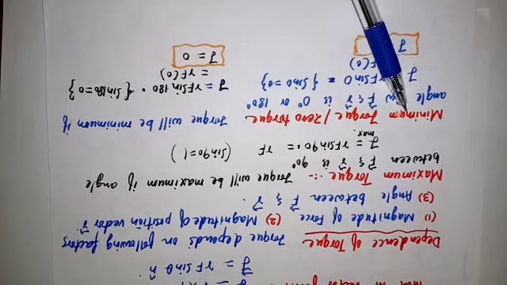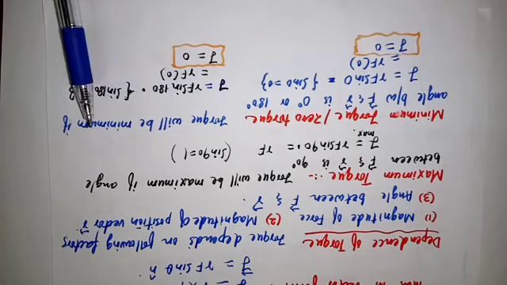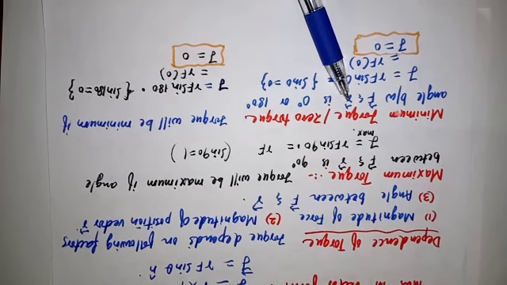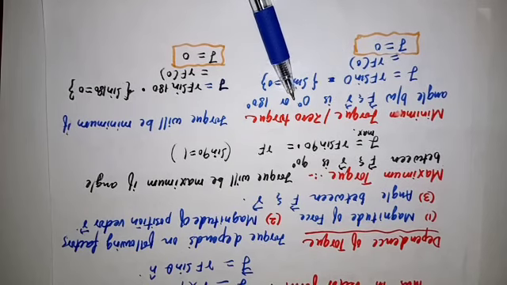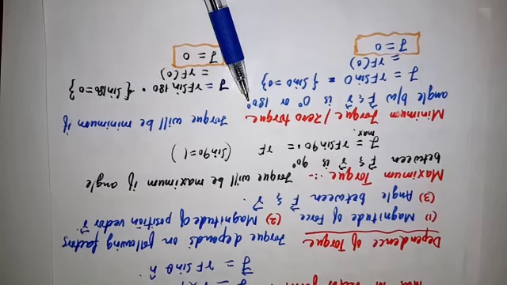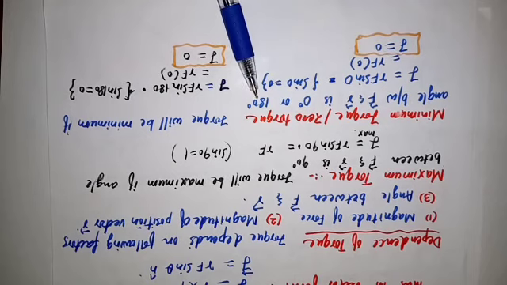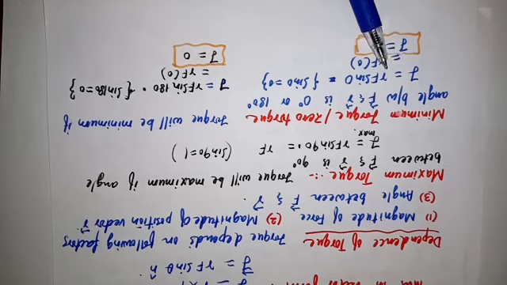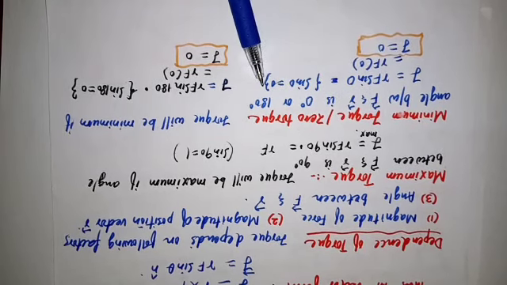And torque will be minimum if the angle between force and position vector or moment arm is 0 degrees or 180 degrees. In both of these cases, the line of action of force passes through the pivot point, and torque will be r F sine 0, and sine 0 is 0.